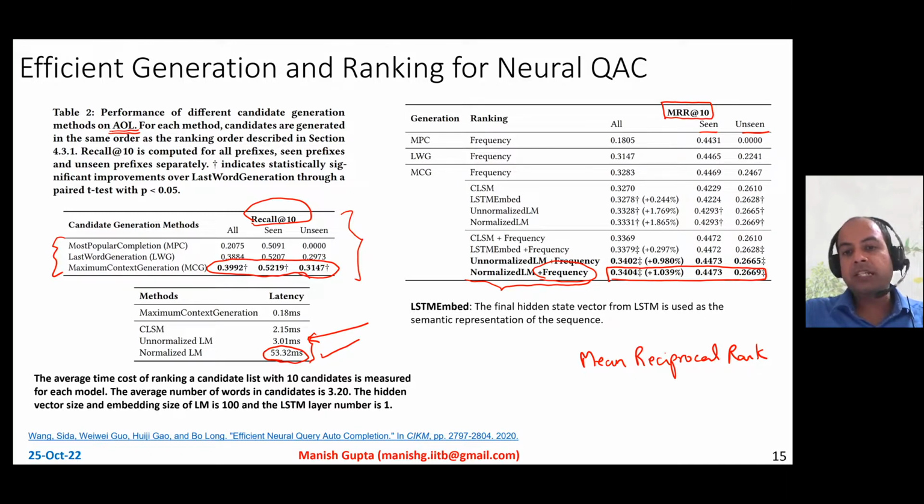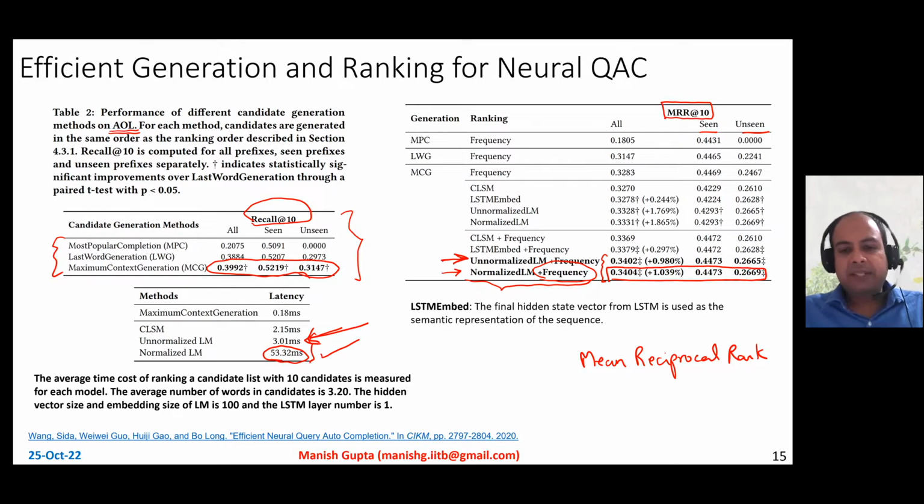Another interesting observation is that whether you use the unnormalized model or the normalized model, there's not too much of a difference in the results. The results are pretty similar. And therefore, to save on latency, clearly you would want to use the unnormalized model. Right? That gives you good results as well as saves on latency.